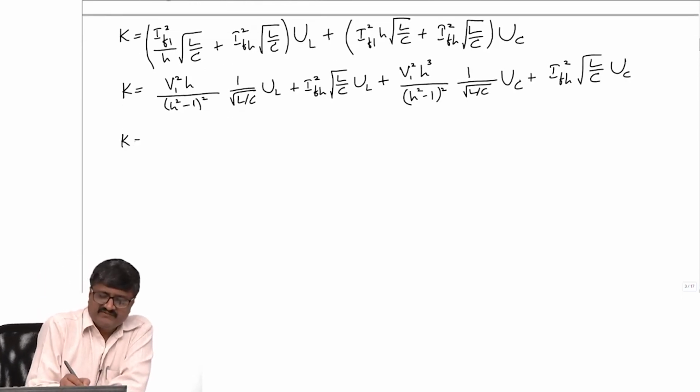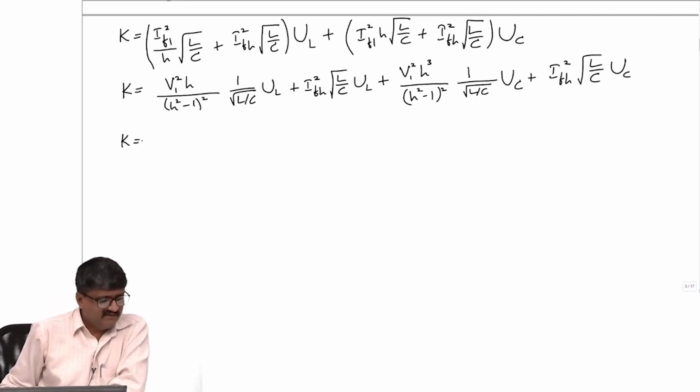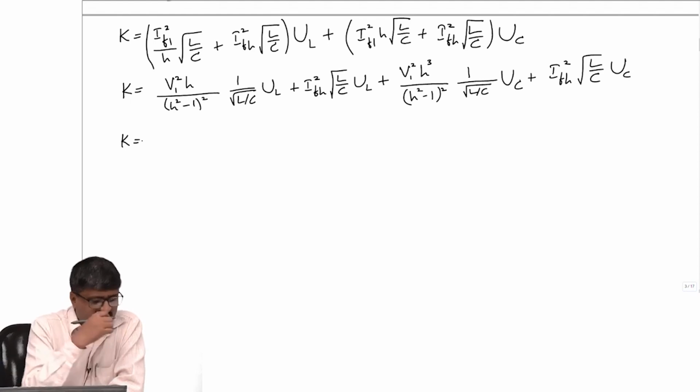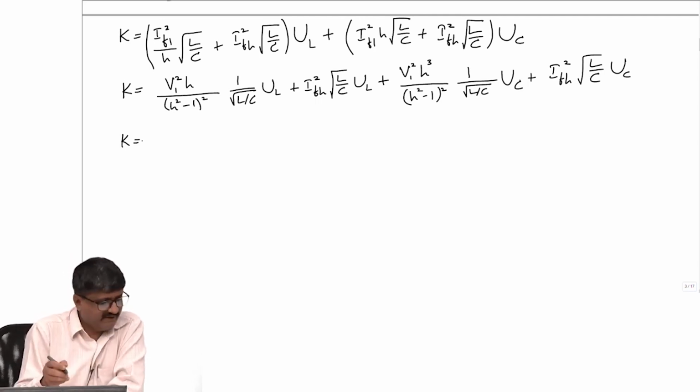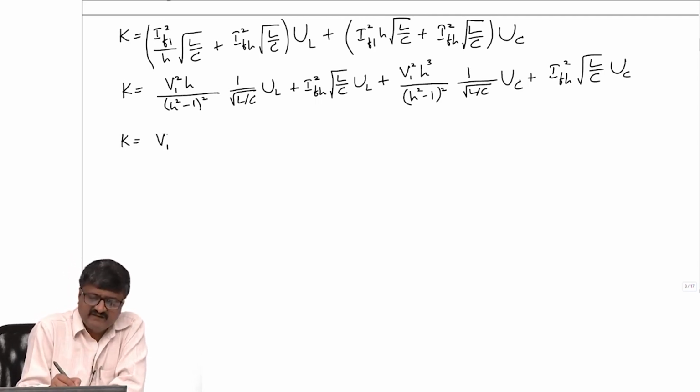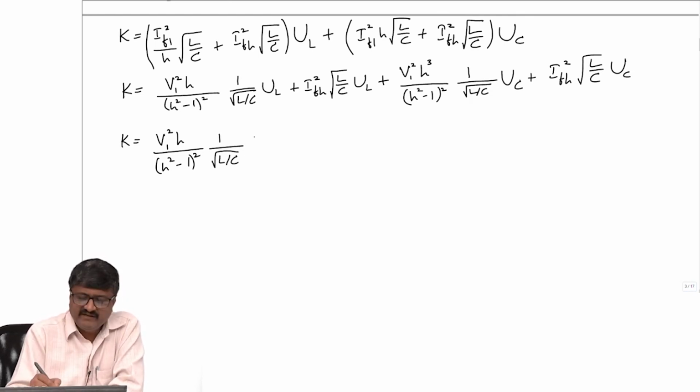I will try to simplify this. I will take the terms coming from the fundamental together. They have a common factor V1 squared H divided by H square minus 1 whole squared into 1 by square root of L by C into UL plus H squared UC.